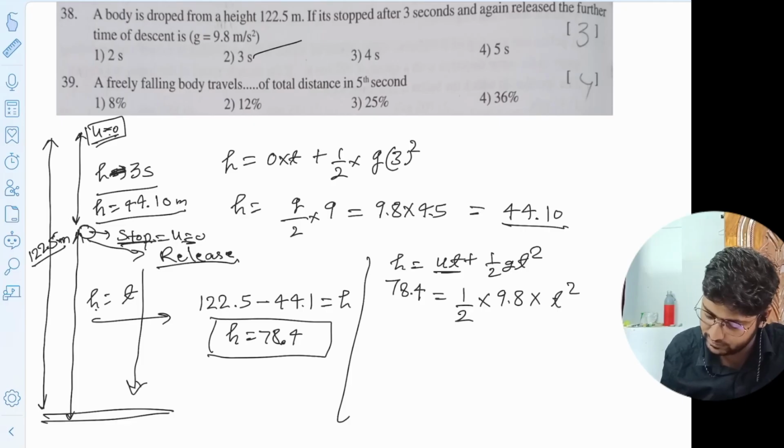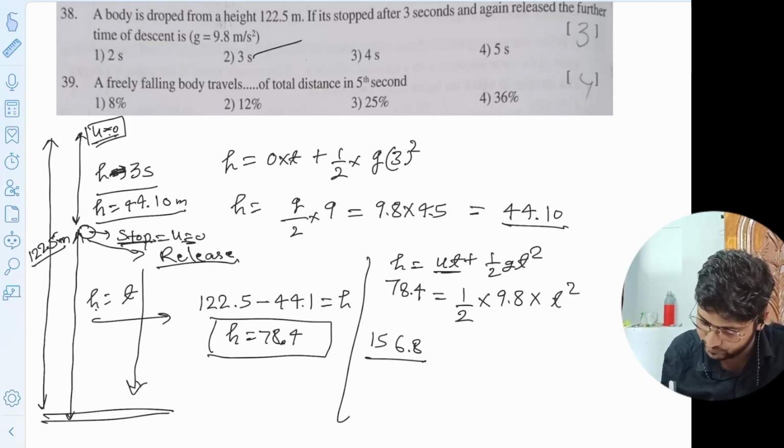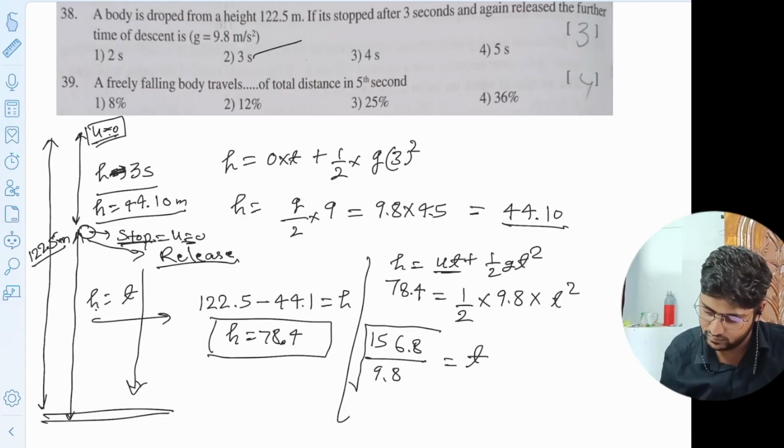So 78.4 into 2 is 156.8, divided by 9.8, then square root, equals t. So it equals 156.8 divided by 9.8.